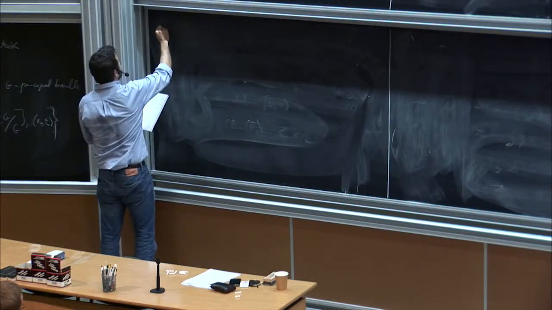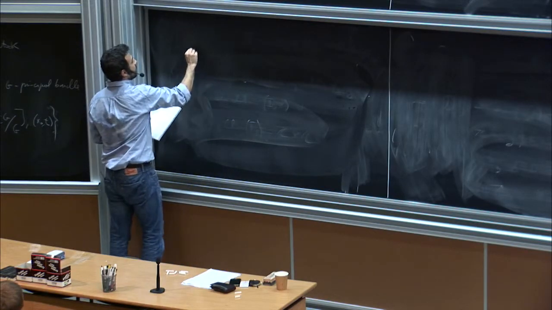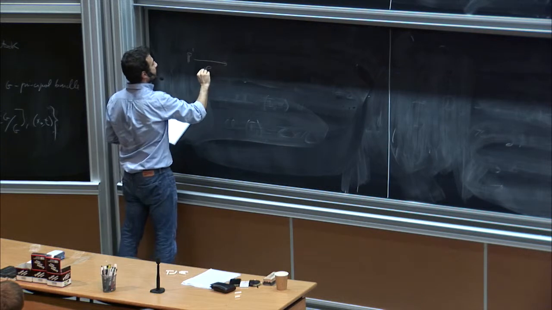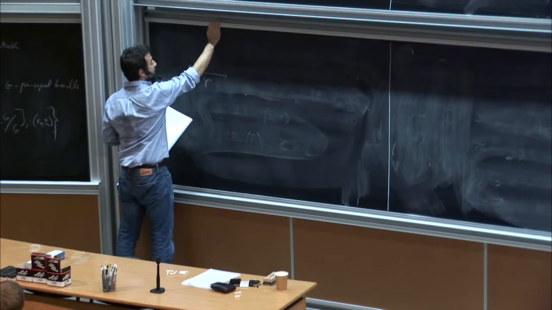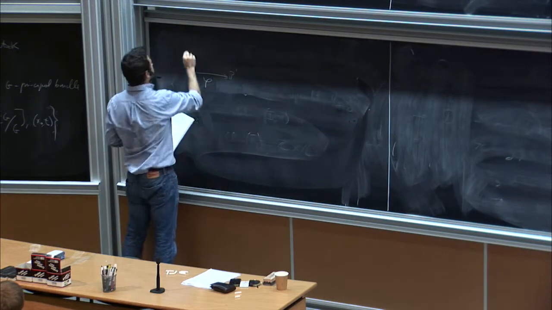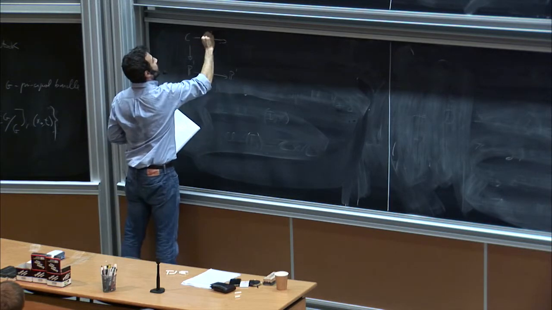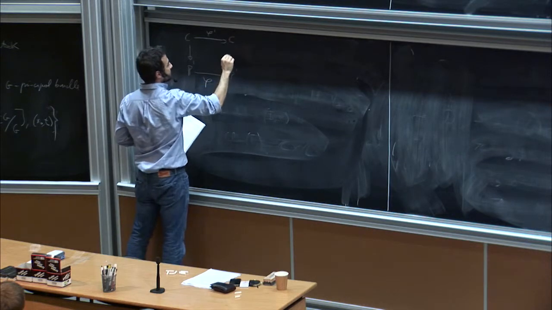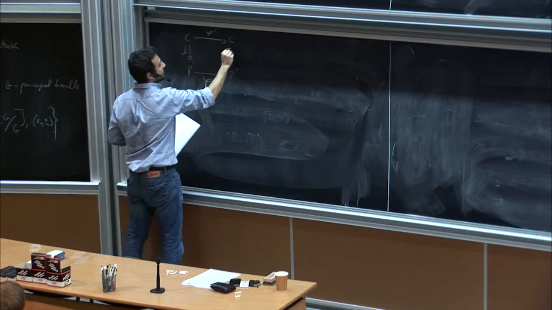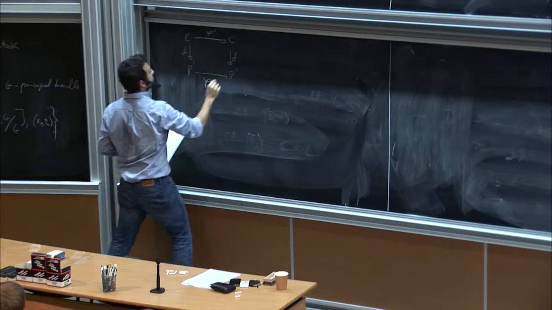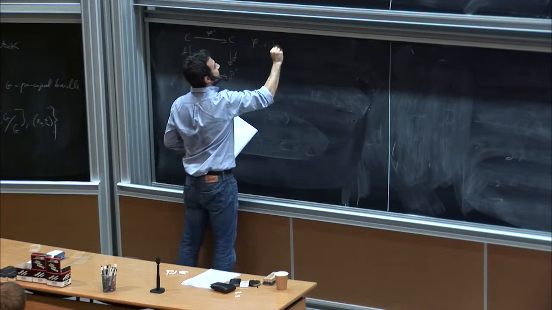The homeomorphisms phi from P1 to P1 such that there exists phi prime from C to C, a homeomorphism that commutes with f and phi.